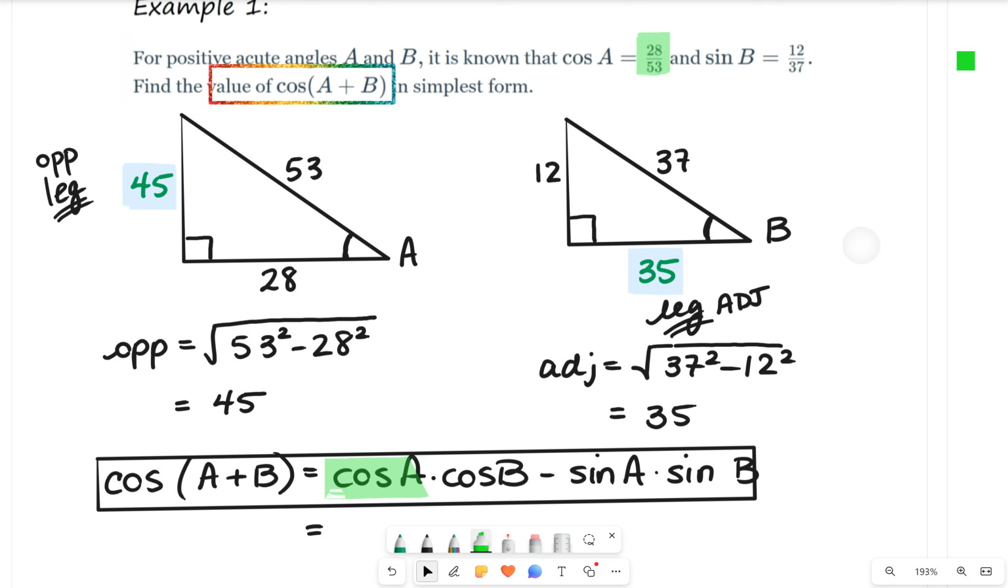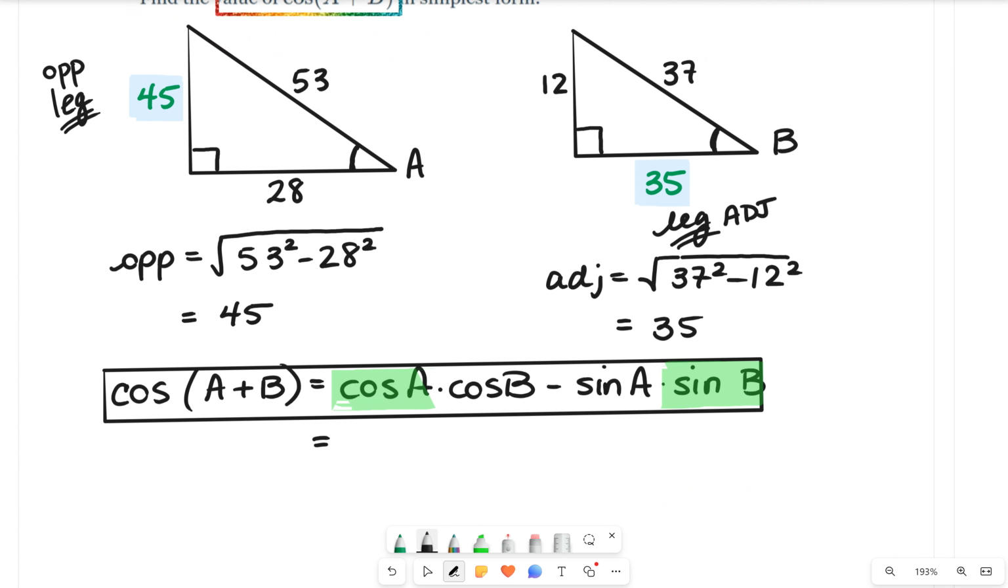I was also given sine B to be 12/37. So right over here for sine B, I'm going to substitute 12/37. Let's go ahead and do that part.